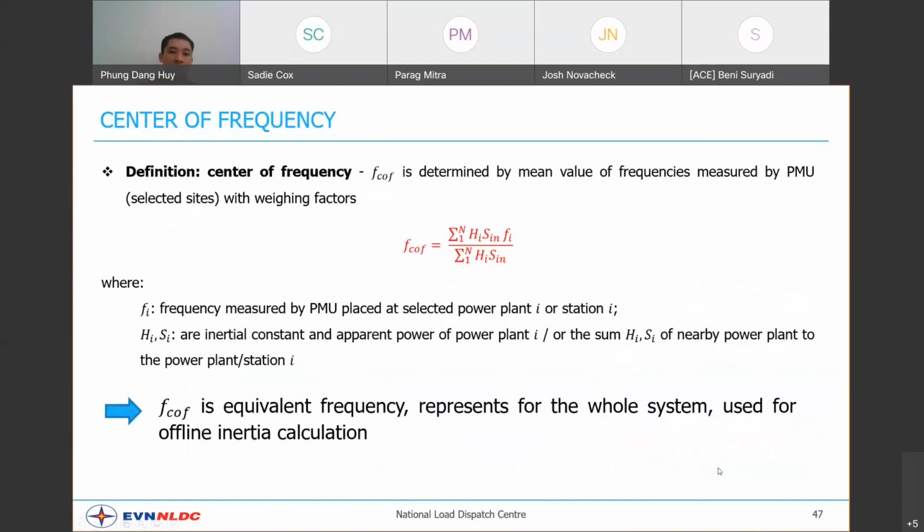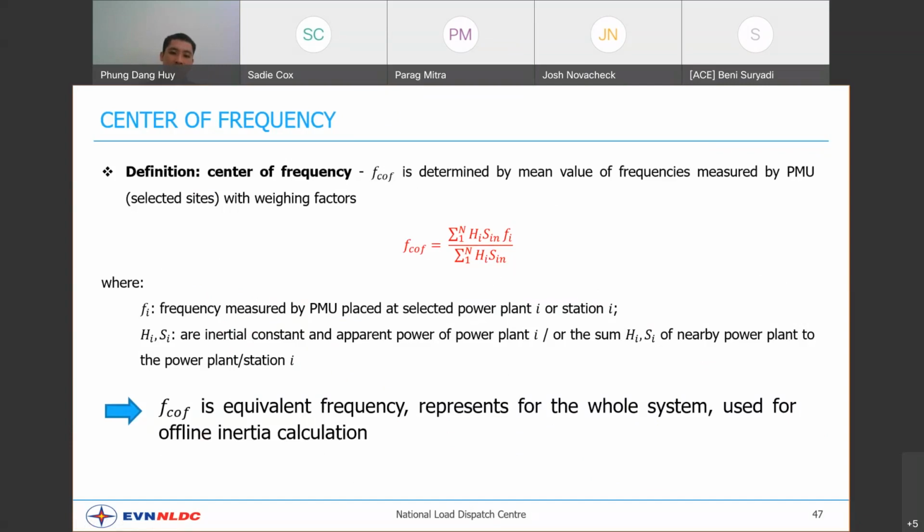So from literature, we have been using the method of center frequency. This center frequency will calculate the representative frequency of the system by using a weight factor for each frequency reading provided by the PMU.